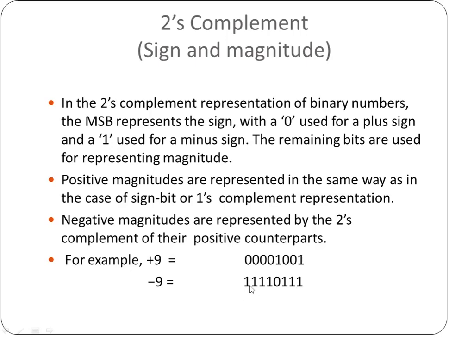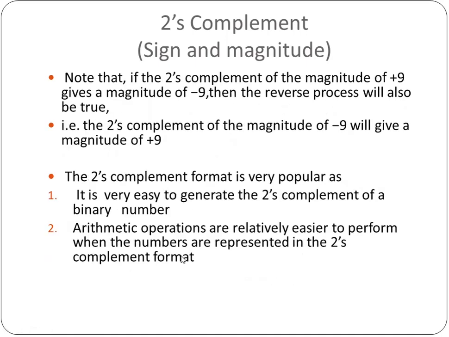So how will you do it? See this, just take the first complement, it is 0 0 0 0 1 0 0 0, add 1 to this, and you will get 0 0 0 0 1 0 0 1. So in sign and magnitude form, take the 2's complement and you will get either the positive or the negative number.